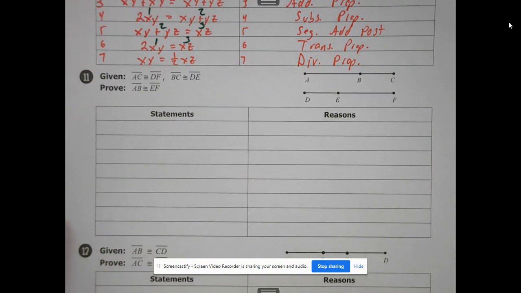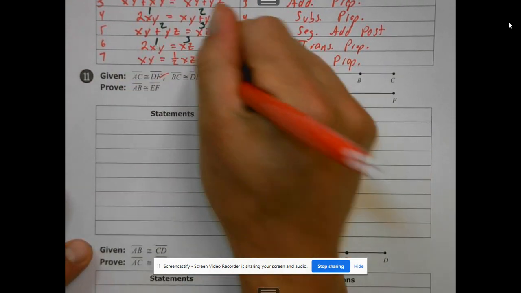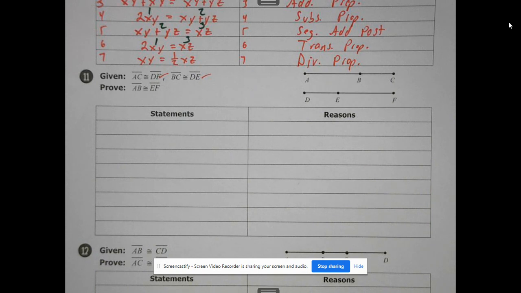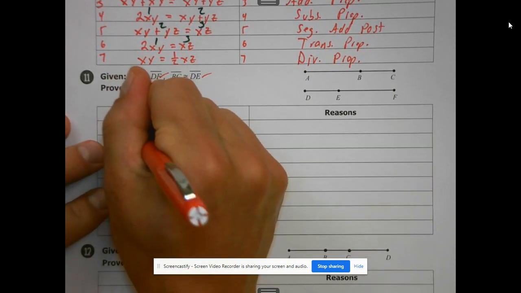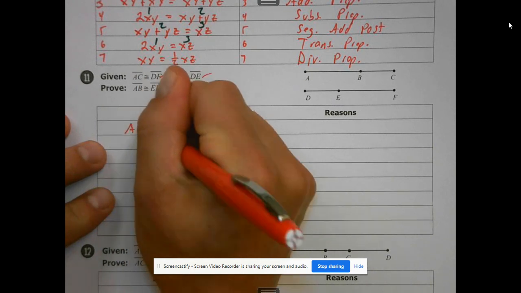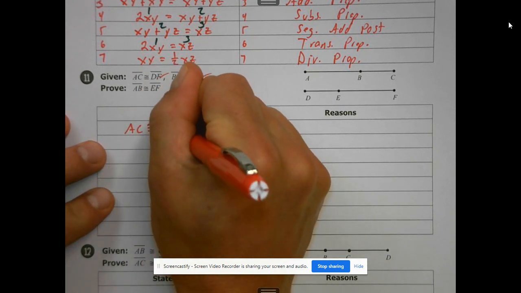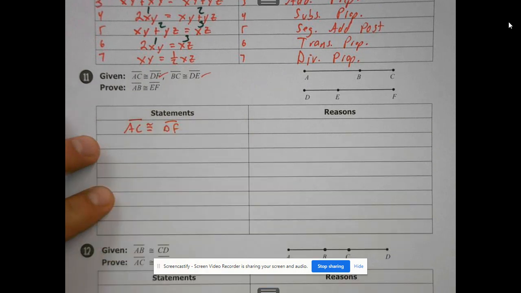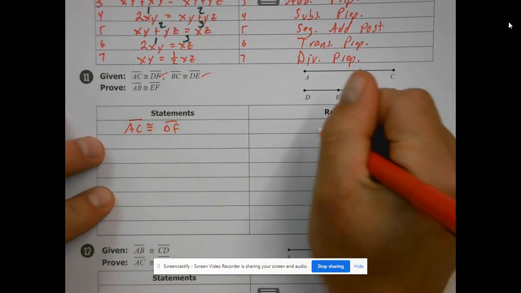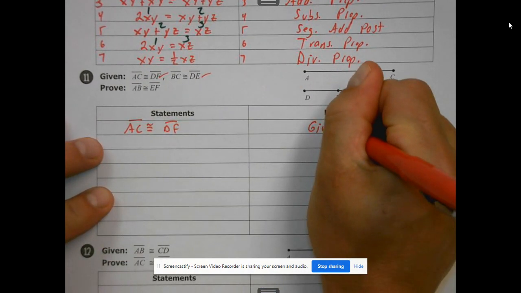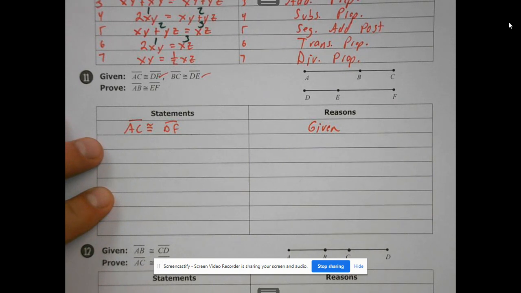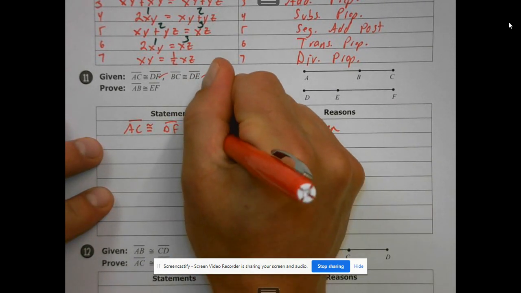Number 11. I have 2 givens, and I'm going to put both of those in the same exact spot here. AC is congruent to DF, and the reason is given. We got the other one.